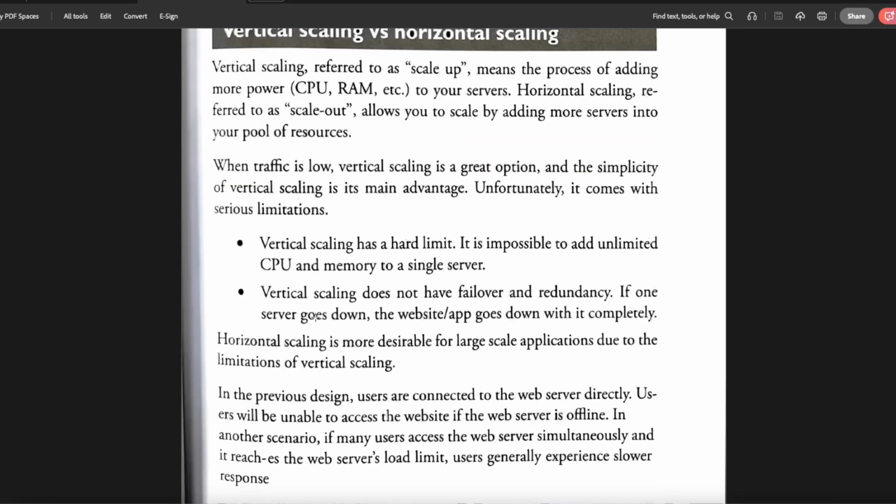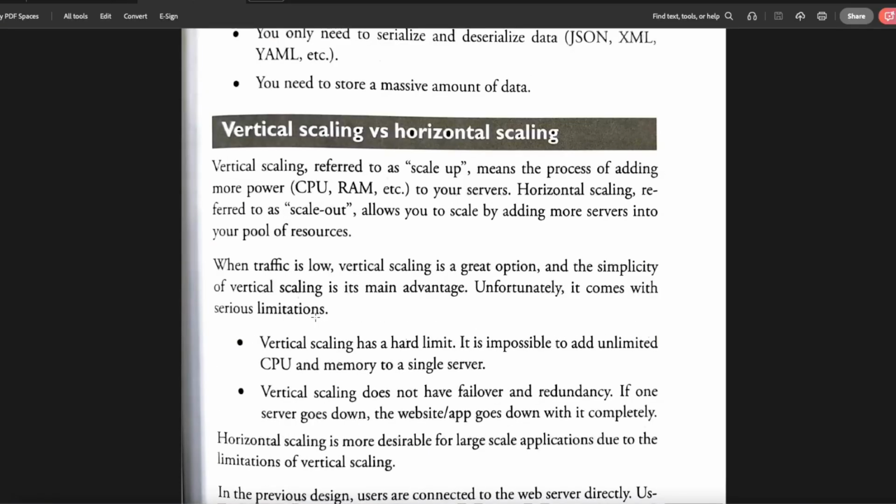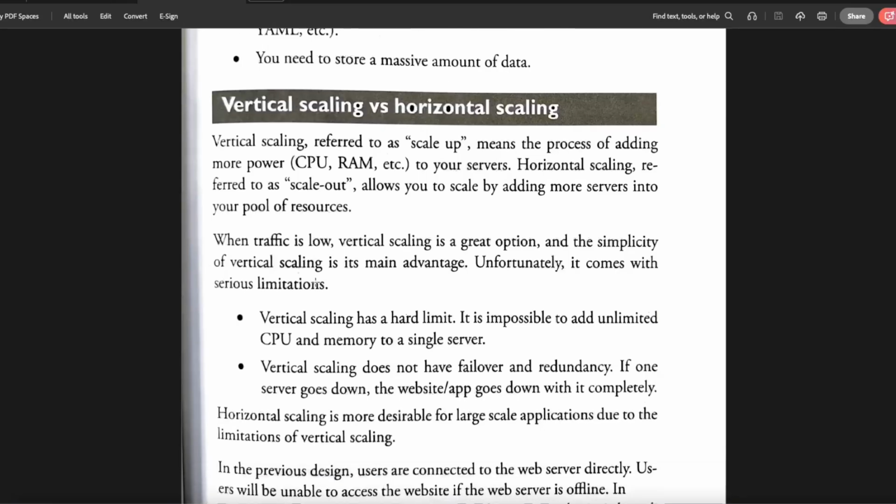Okay, so now we are going to look at the second part, which is vertical scaling and horizontal scaling, which basically means handling more traffic and handling more users. Vertical scaling is also known as scaling up, which means adding more power to a single server. For example, we are going to add more CPU, more RAM, and faster storage.